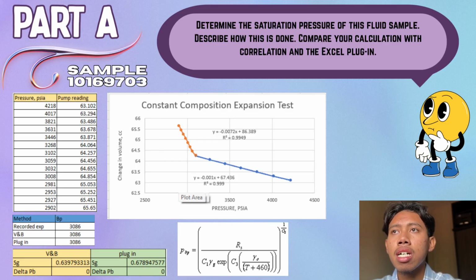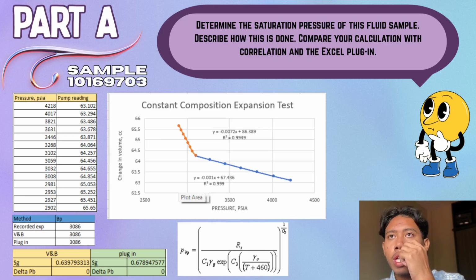For the CCE test, we get a saturation pressure of 3056.15 psia. When we use the correlation of Westphalia index, we get 3086 psia. And when we use the Excel plugin, we get 3086 psia.